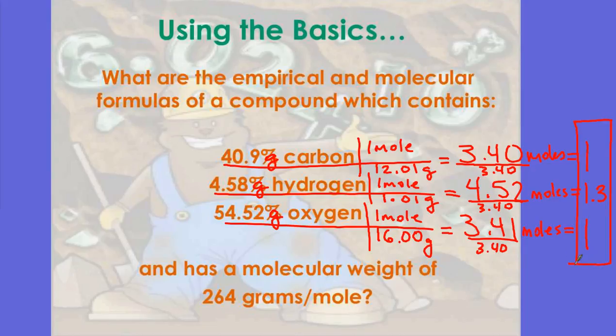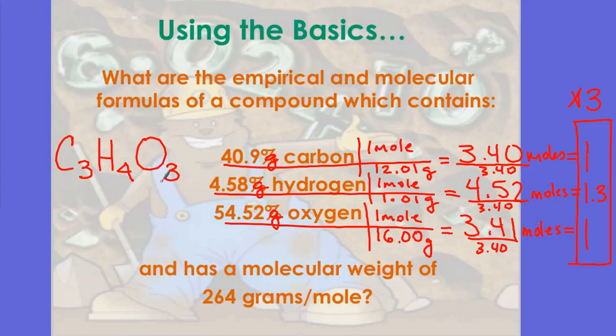The factor that would change all of these numbers into whole numbers is 3. So carbon, my ratio was 1. 1 times 3 equals 3. For hydrogen, if you take 1.3 and you multiply it by 3, you get 4. And then for oxygen, again, multiplying them all by 3, I get 3.